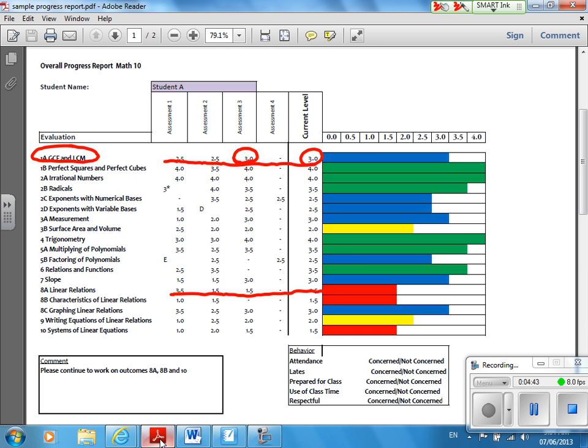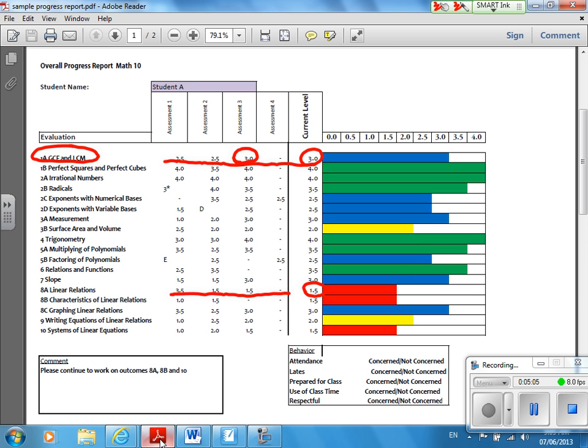And then when they wrote the third assessment, they still were not at the basic level of understanding. So their current mark is reflected in this process, and it is at a 1.5. They will still need to reassess this and learn it again. So retention is also considered.